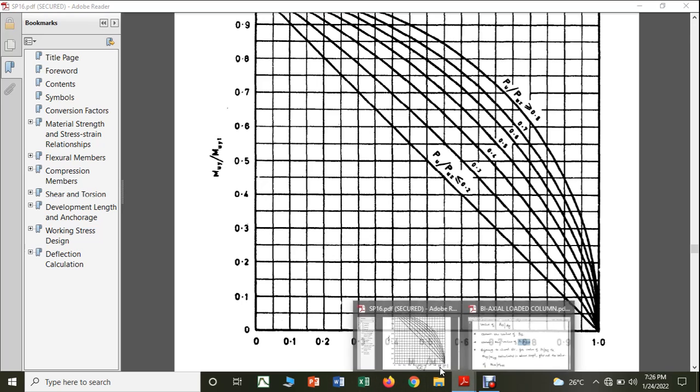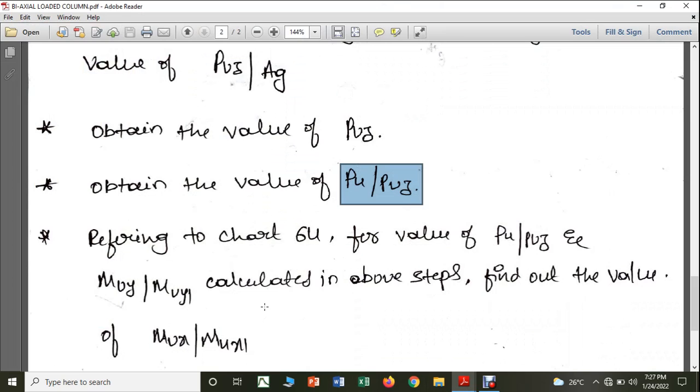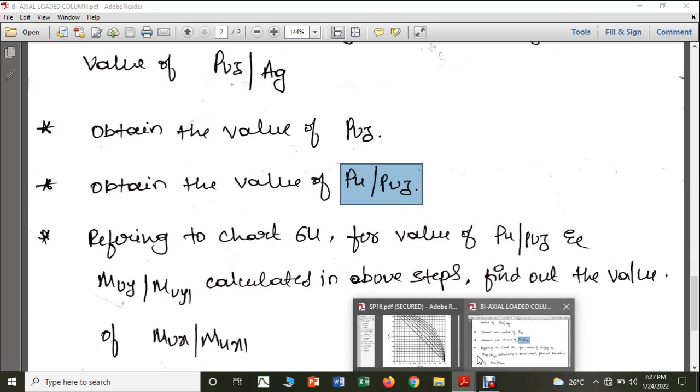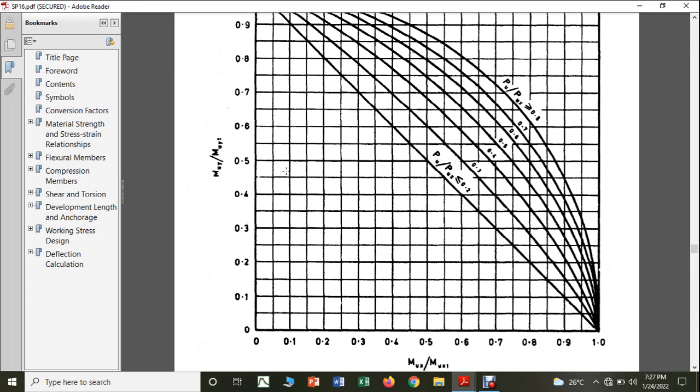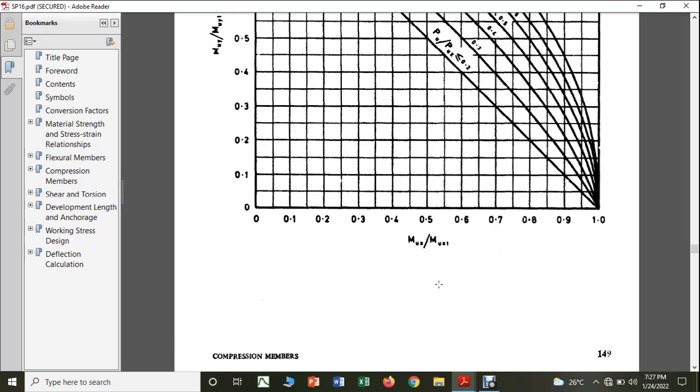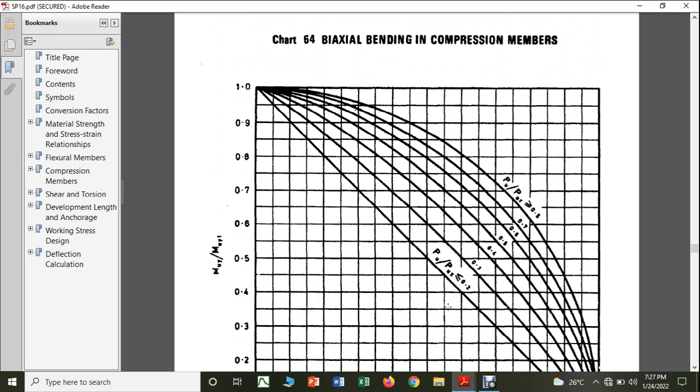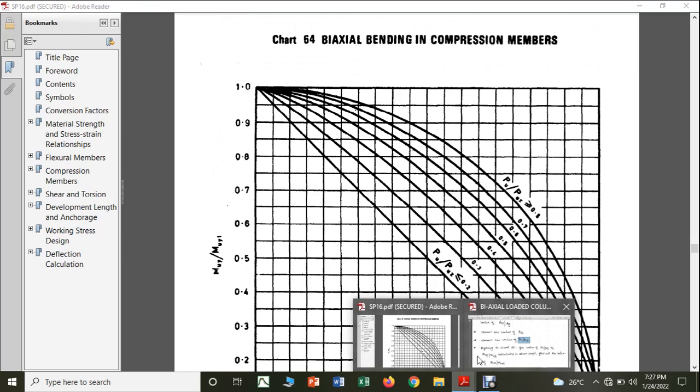If I am choosing MUY by MUY1, then from the value of MUY by MUY1 that we got in the previous step, to the corresponding PU by PUZ value, when you bring it like this and come down, you will get the value of MUX by MUX1. That means from chart 64 I am going to get MUX by MUX1.